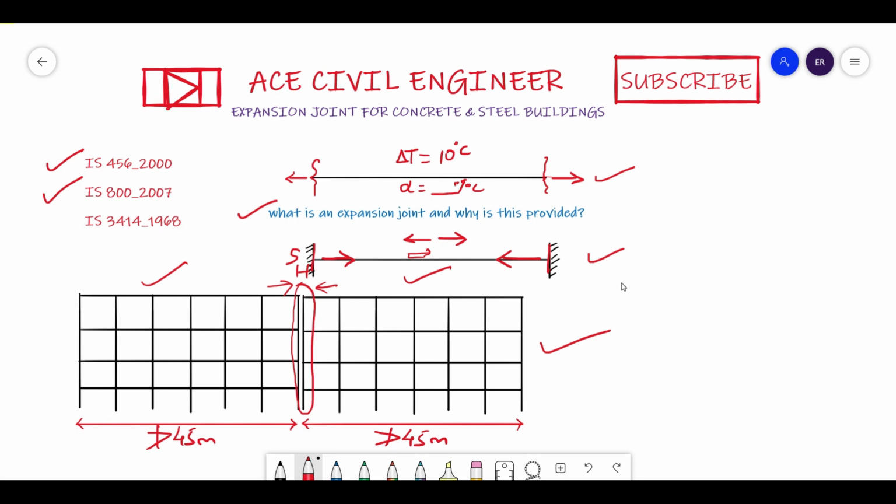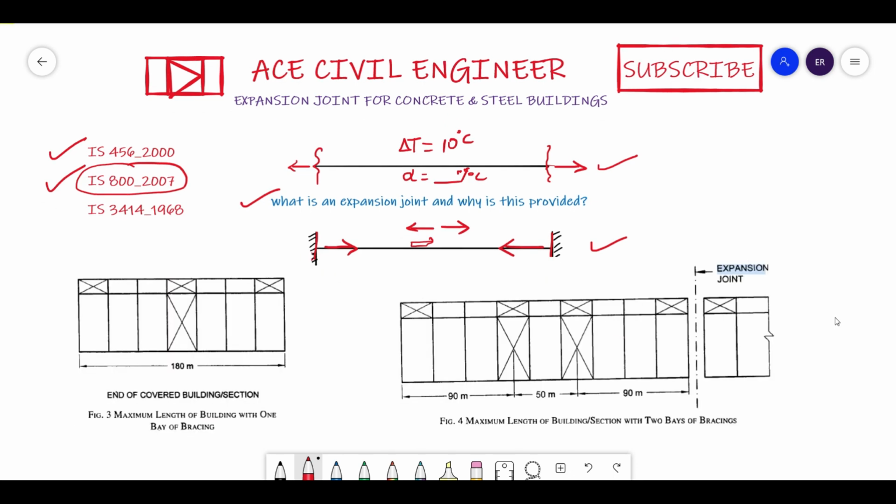Now coming to steel structures, for that you need to see IS 800 2007. Here the details on the length of the structure at which we need to provide the expansion joint have been divided into two cases. One is where you have only one bay which has been braced, and the second case is where you have two bays which are braced.